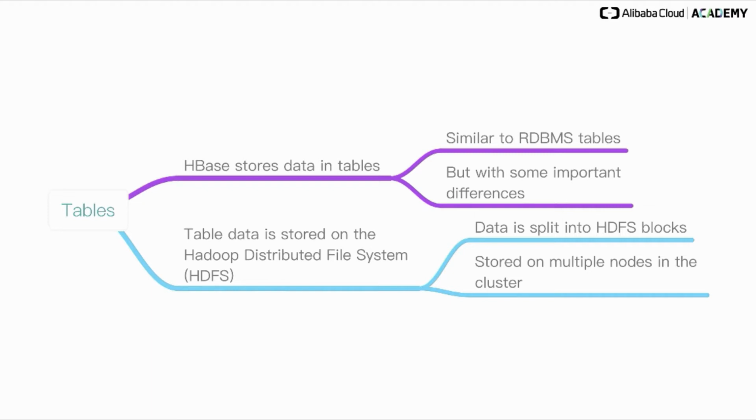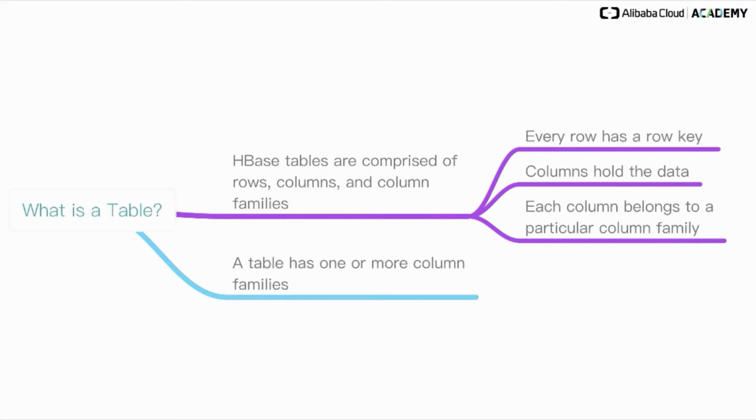HBase also stores data in tables, but it has some different features from the traditional relational database. In HBase, table data is stored on Hadoop Distributed File System. Data is split into HDFS blocks and stored on multiple nodes in a cluster.